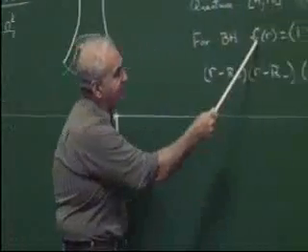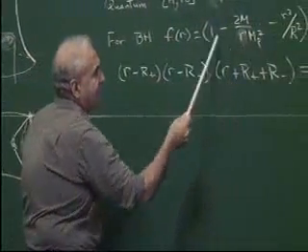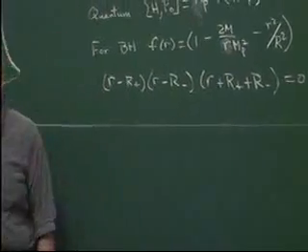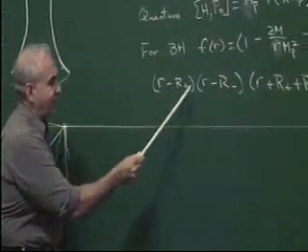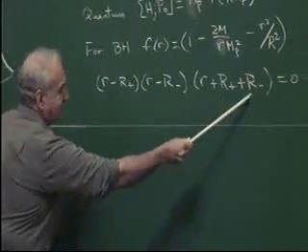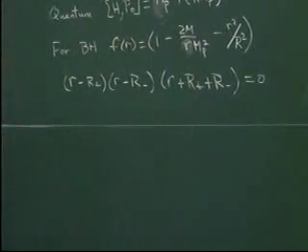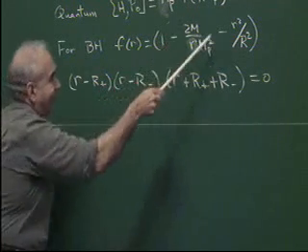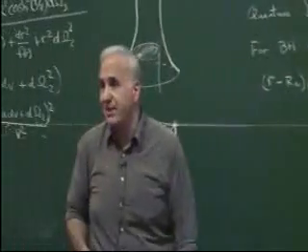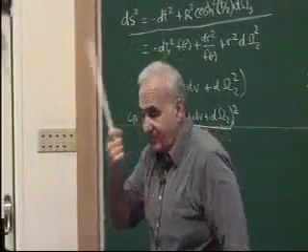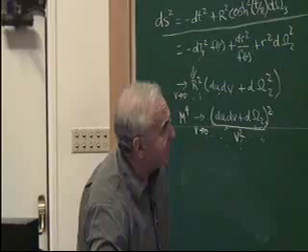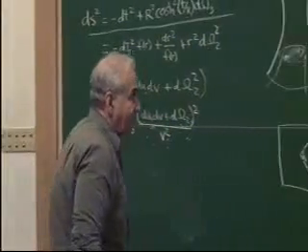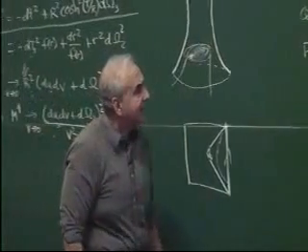If you look at the zeros of f of r, you see this is a cubic equation, and it has two positive zeros, r plus and r minus. The third root of the equation is negative and is equal to minus (r plus plus r minus). That's because when I multiply up this cubic, one of the terms is missing, and you can just see that that's the one that corresponds to the sum of all of the roots.